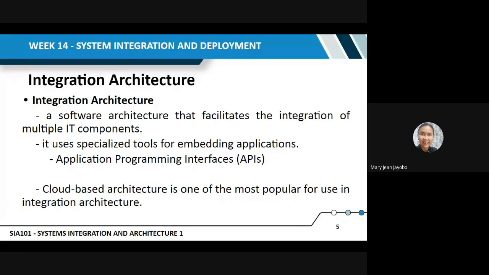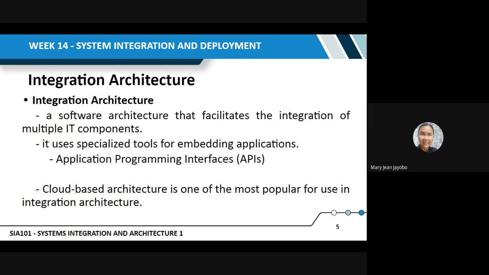But because of what happened in the past two years, businesses tend to shift from their current architecture into the cloud-based architecture because it's easier and less expensive.